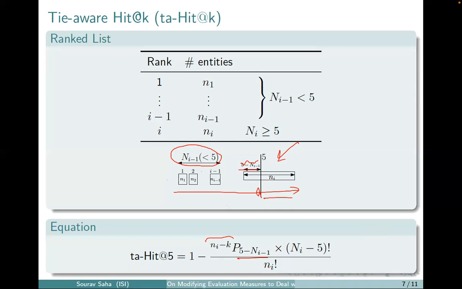This is our tie-aware measure for hit at 5. If instead of 5 we have k, we can simply change the 5 to k and get the tie-aware hit at k.